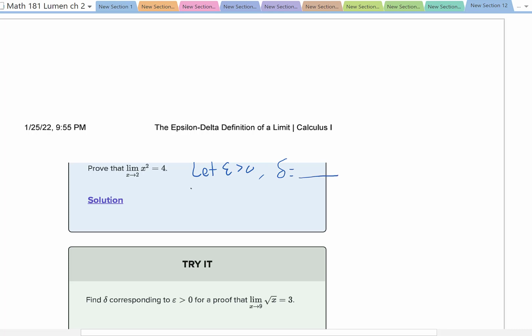And then we'll have so that the absolute value of x minus 2, you could say 0 is less than, x minus 2 is less than delta. And we will then finish the rest of this off in just a minute after we do some scratch work. So I'm going to do my scratch work now.